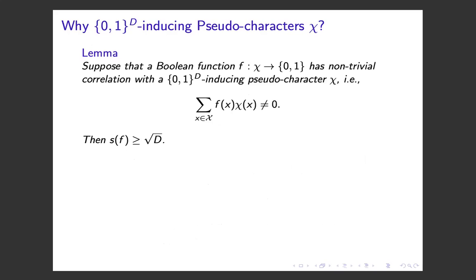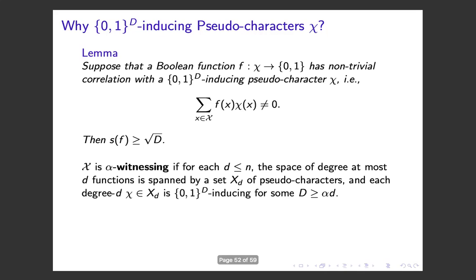If we have a Boolean function that has non-trivial correlation with one of these masquerading pseudocharacters, then we can bound the sensitivity of that function from below by the square root of D. That should remind you of Huang's sensitivity theorem, where that D comes from the fact that the degree of the parity character is D. And so with Huang's sensitivity theorem in hand, showing this lemma is not too difficult.